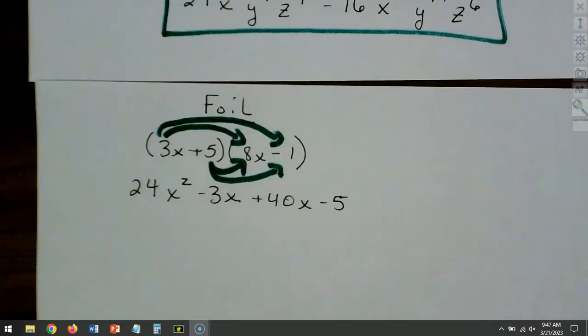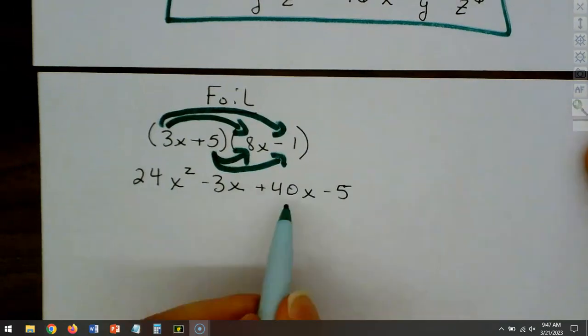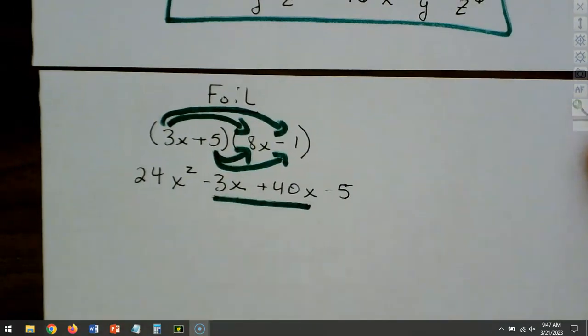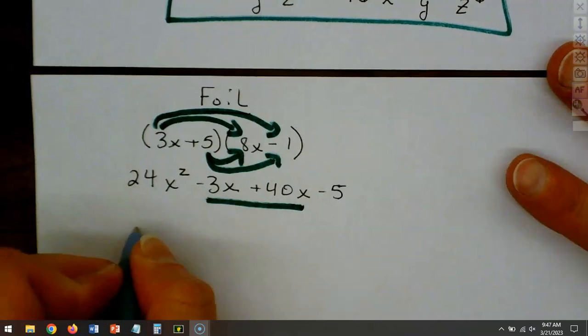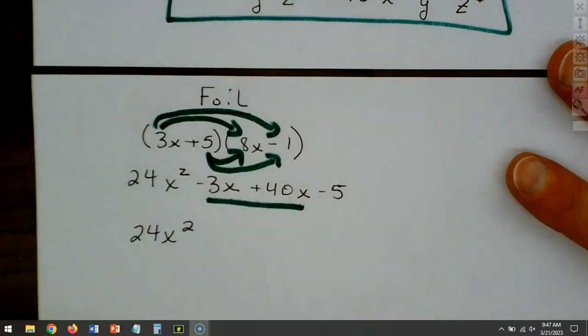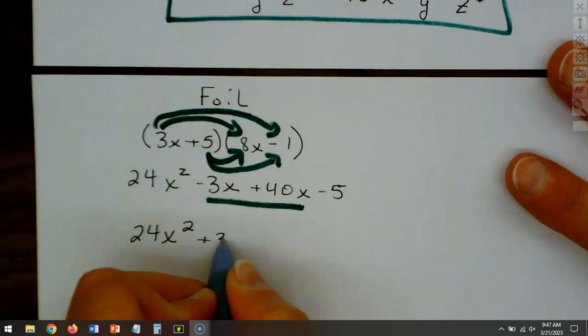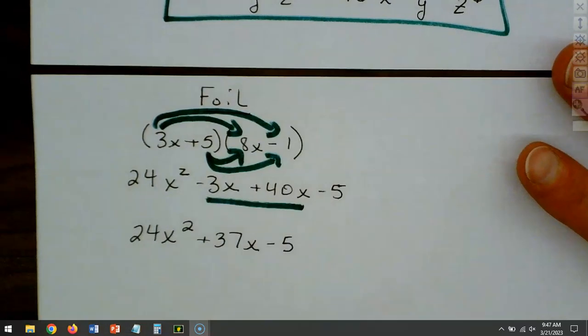Now, when you FOIL, a lot of times you can put the middles together. Are the middles the same? Yes, the middles are what are called like terms because they both have the variable x. So those can go together, and that means my final answer would be 24x squared plus 37x minus 5.